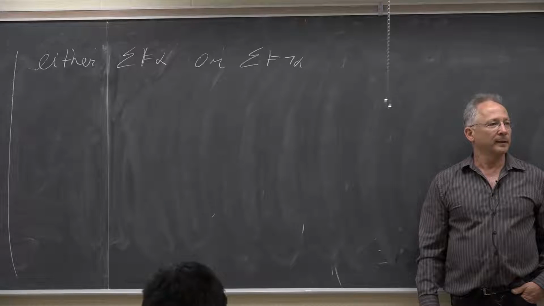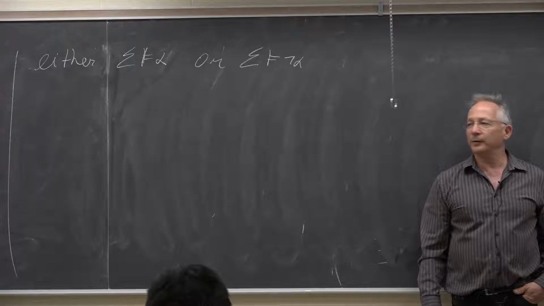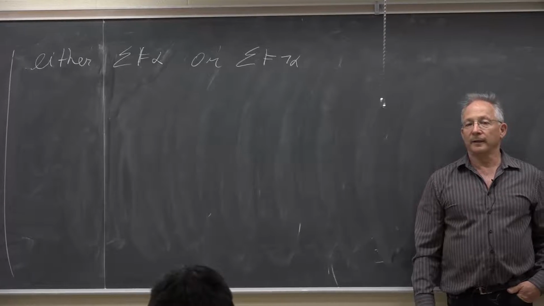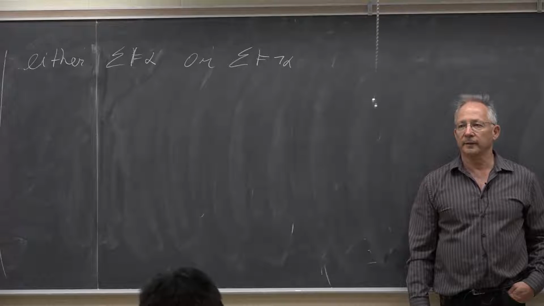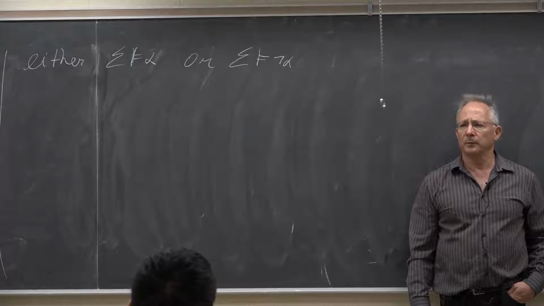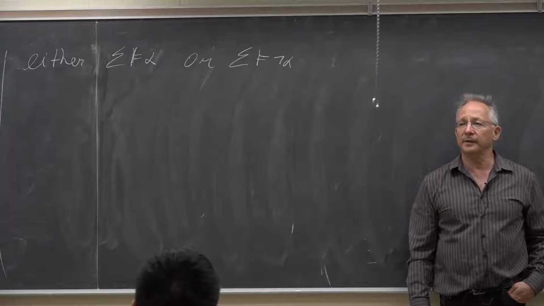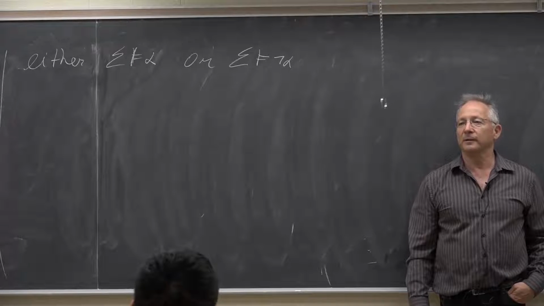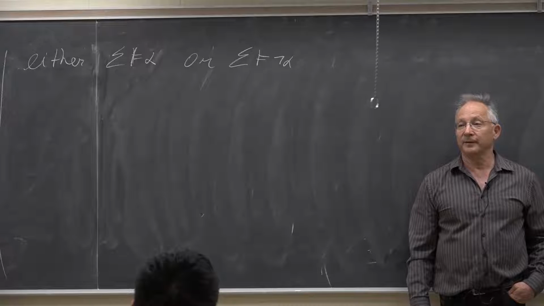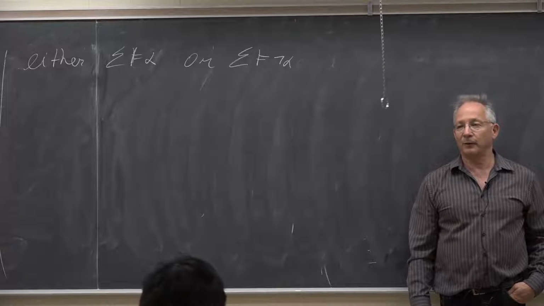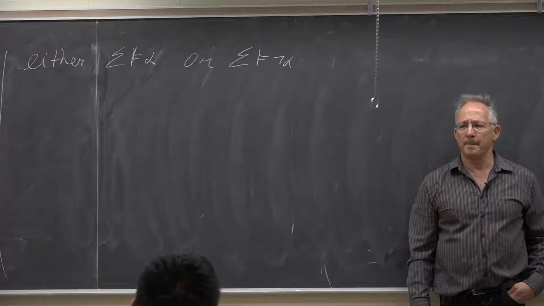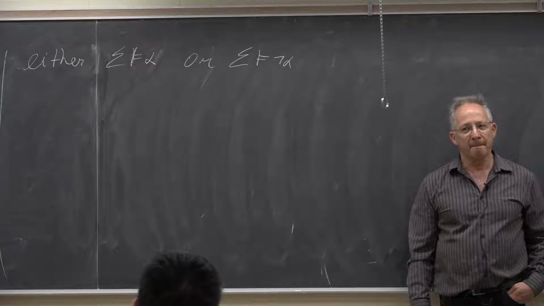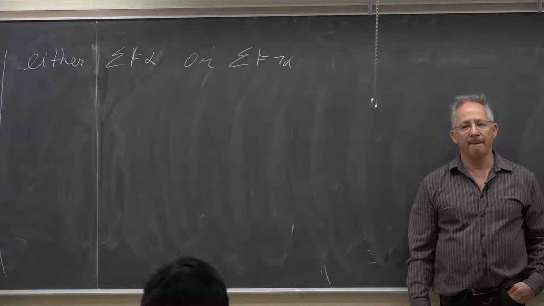Can you give me a trivial example of a complete sigma? Yes? Just false. What do you mean just false? Sigma should be a set of formulas, so I want a set of propositional formulas. The set containing every variable going to not that variable.